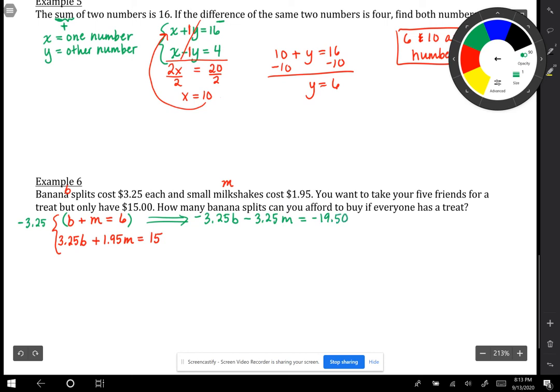Okay, bottom equation, we did not do anything to, so we just write it down. And I'll put 2 zeros here.